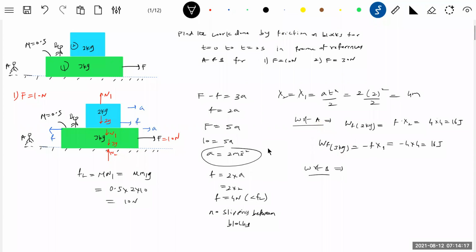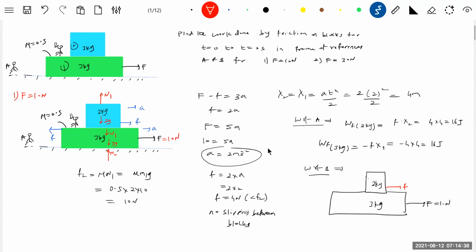Person B, what will be the comment? Person B, there's a frictional force 10 Newton acting. And person B, no. So here I'll bring a pseudo force. And the person B where is there?